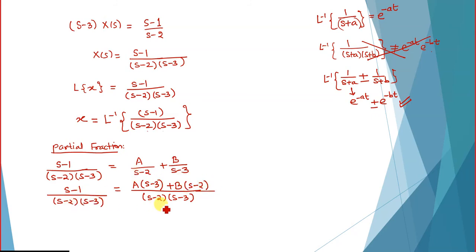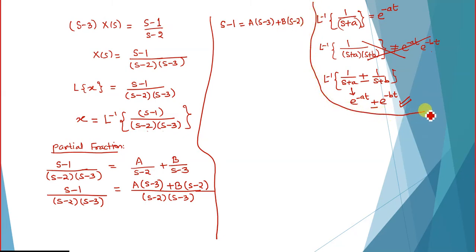As the denominators of both sides are the same, we compare the numerators. That gives us s minus 1 is equal to A times (s minus 3) plus B times (s minus 2).